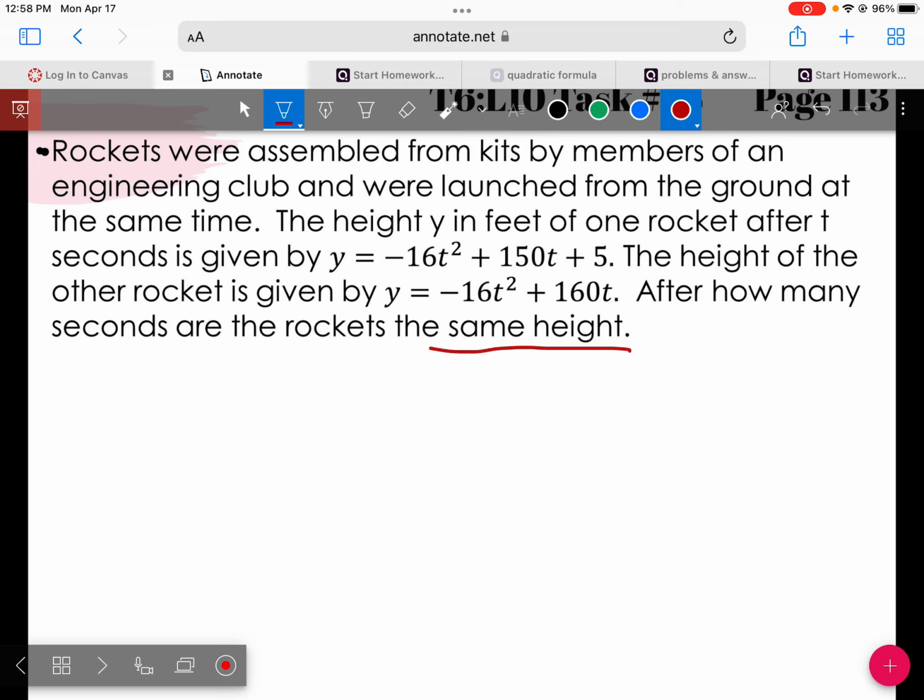Let me put it to you this way. Haley also proposed that we set them equal to 0. If I set it equal to 0, each one of them, what is the height?